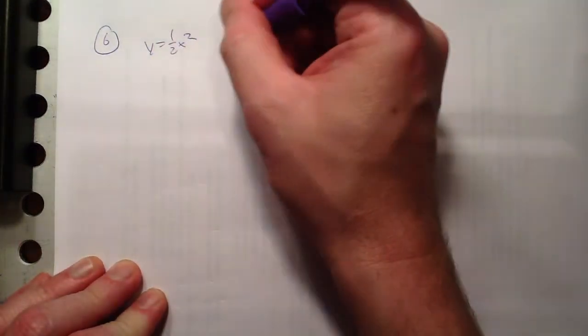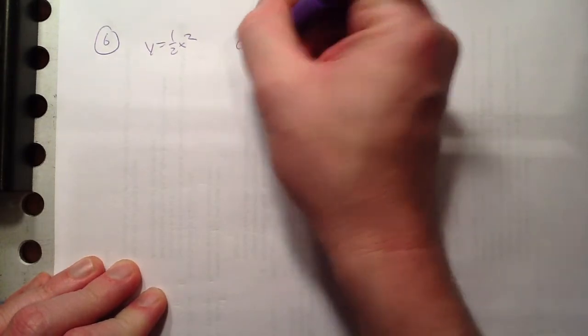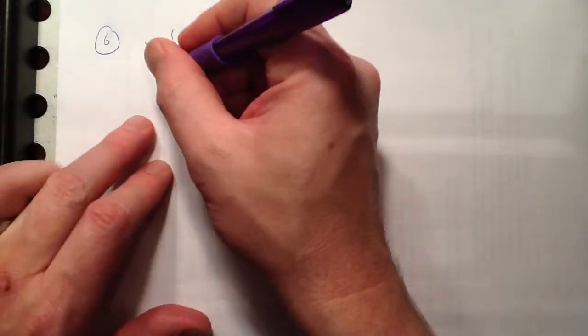Number 6, another one of our distance formula type problems. See if we can do that again. We've got the point on y equals 1/2 x squared nearest to 4,1. Alright, let's see if we can find that. So I'm going to set up my distance formula again.